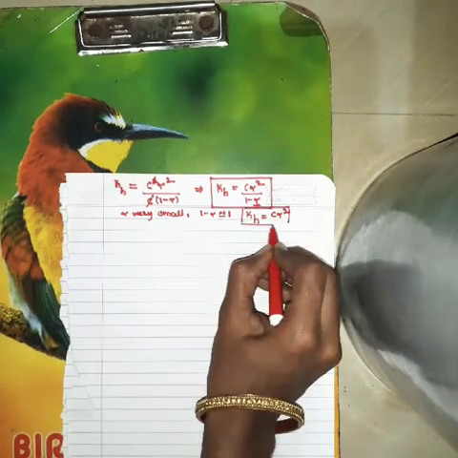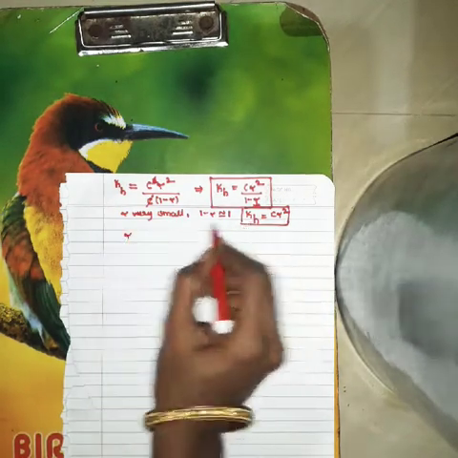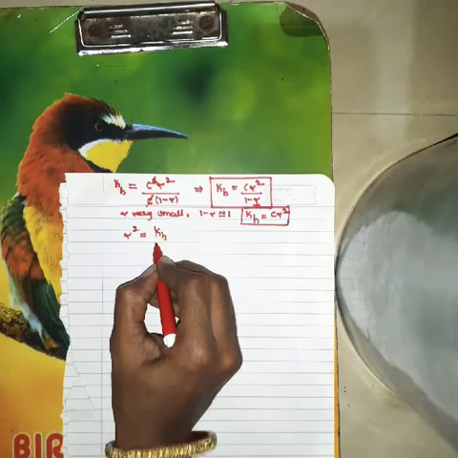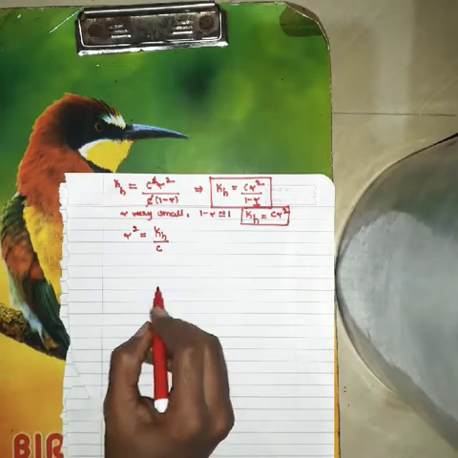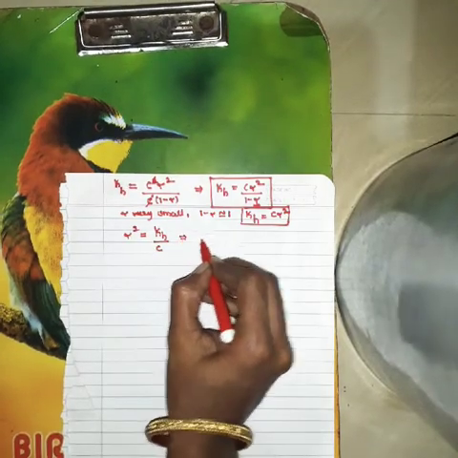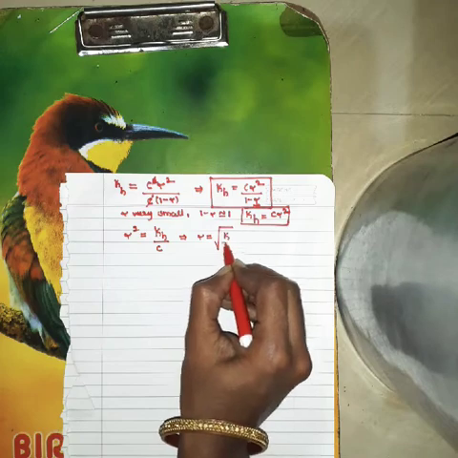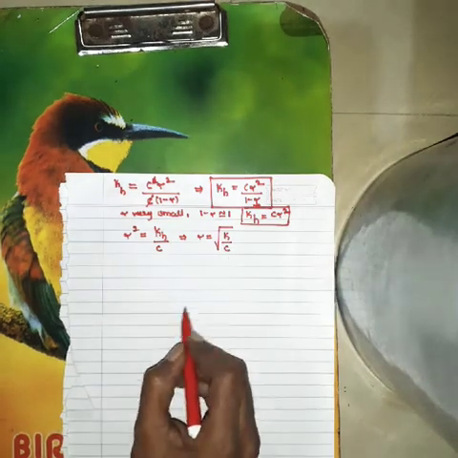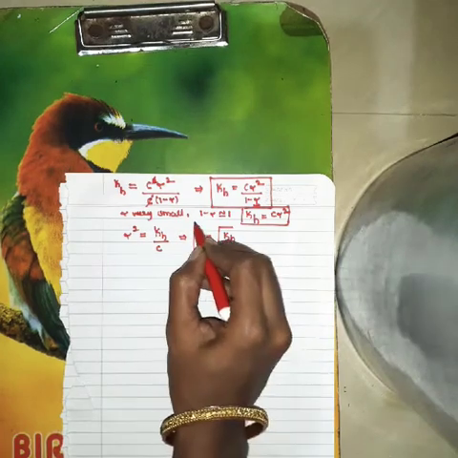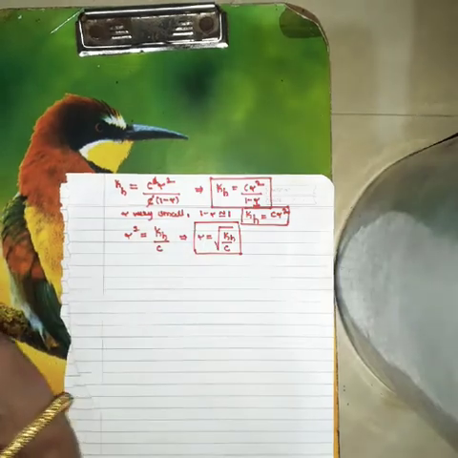Therefore alpha square is equal to Kh divided by C. So alpha is equal to the square root of Kh by C. This is another form of the alpha equation that we want to calculate.